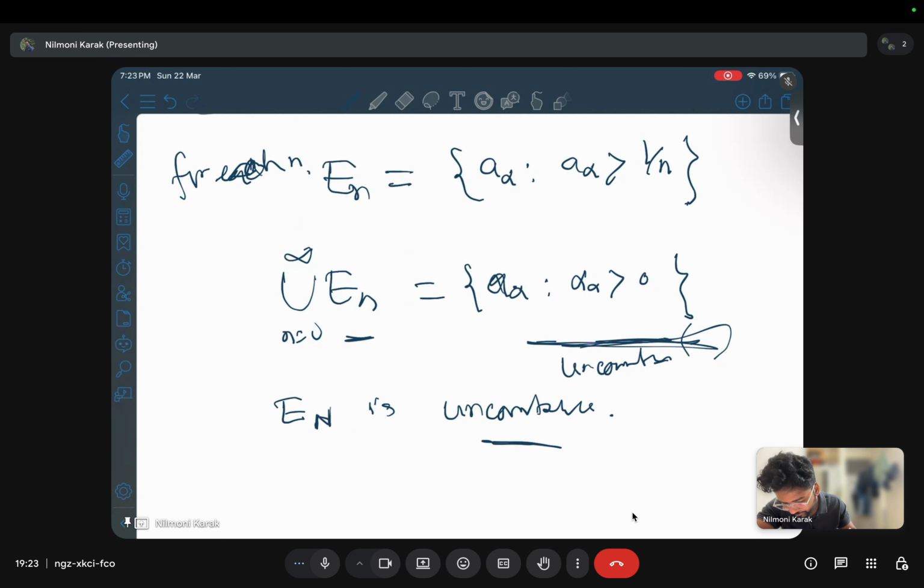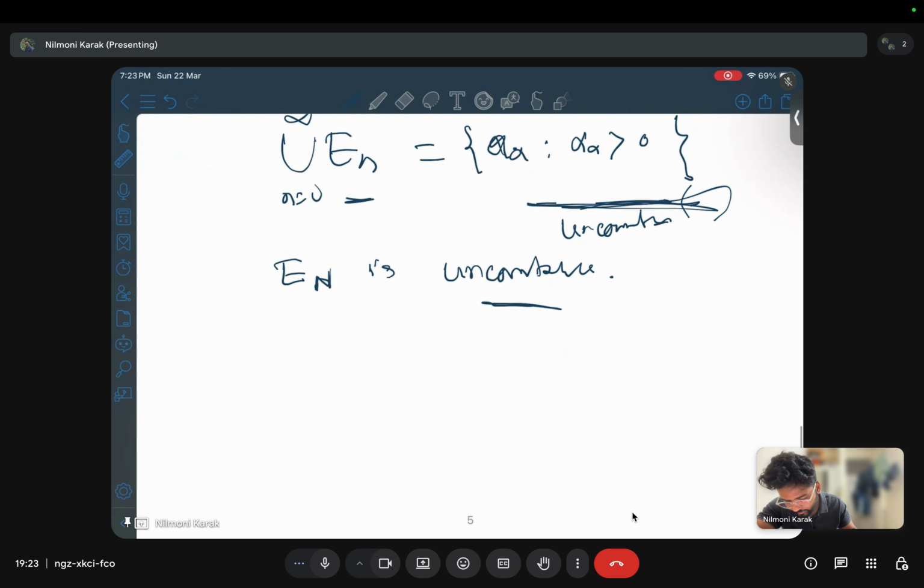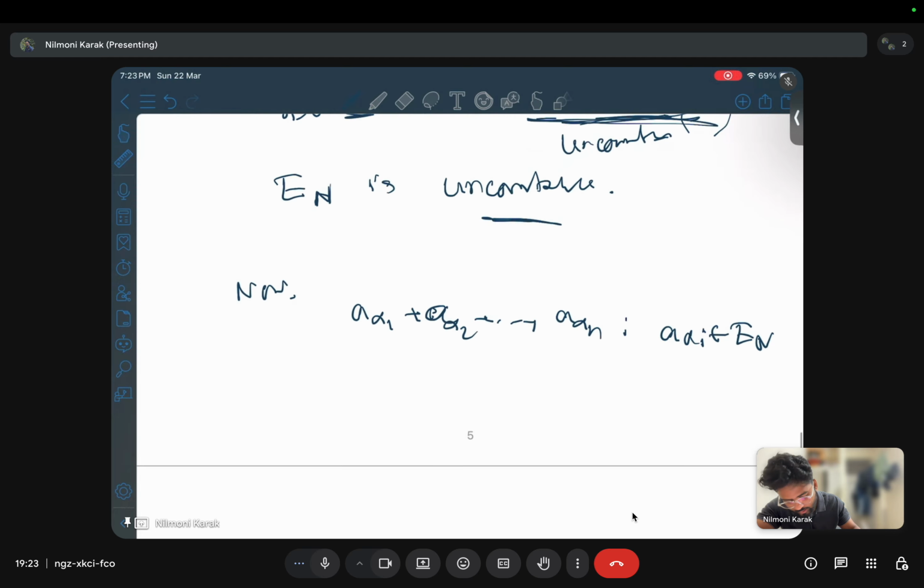Okay, so now the set of all finite sums A alpha 1 plus A alpha 2 plus dot dot A alpha n, where A alpha i belongs to E n, cannot be bounded above.